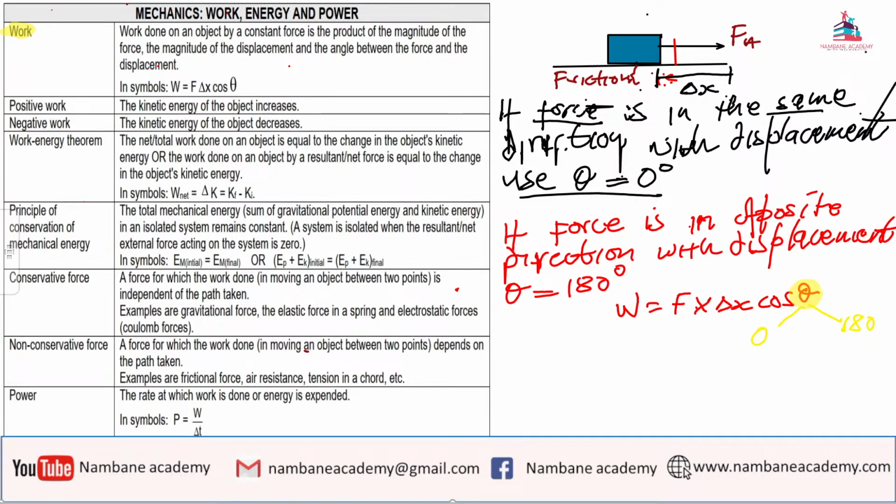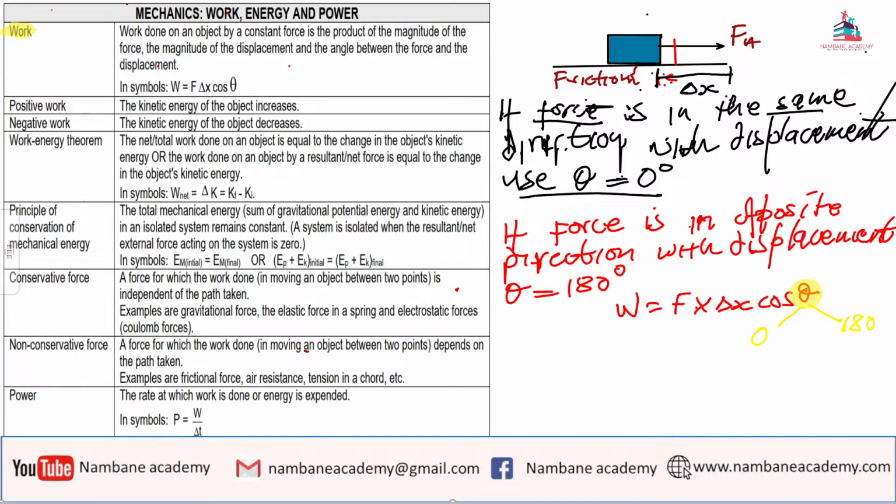The emphasis was put when we said if the force is acting in the same direction as the displacement, we use 0. So we must just check the direction of the displacement. If the force is acting in an opposite direction to the displacement, then we use theta equals 180.